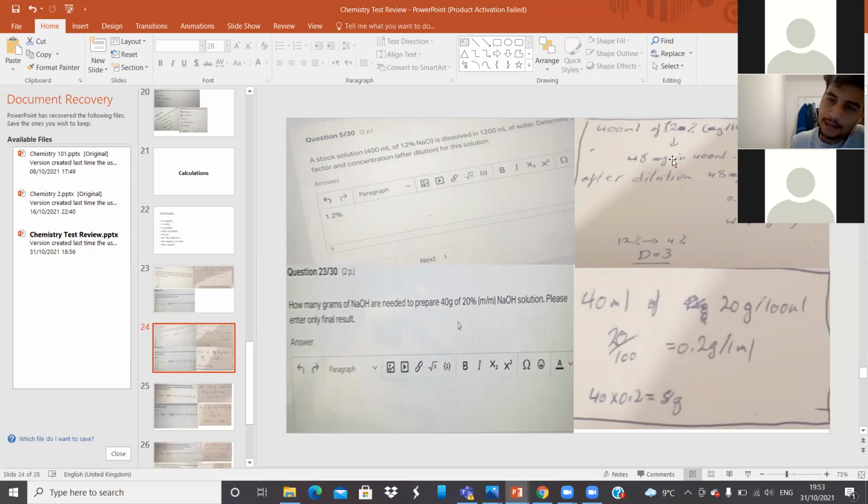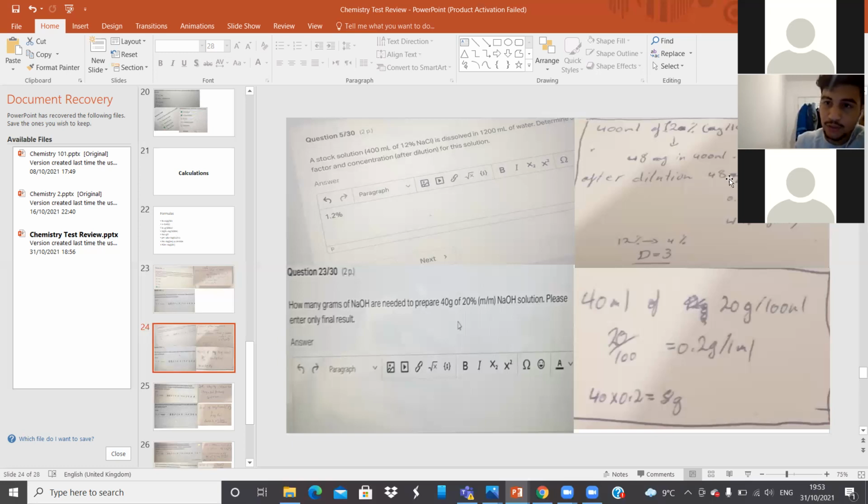That's the number of grams you're going to have in the 400 milliliters, and it's also the same in the 1,200, because you're only adding water. The mass of the sodium chloride doesn't change.